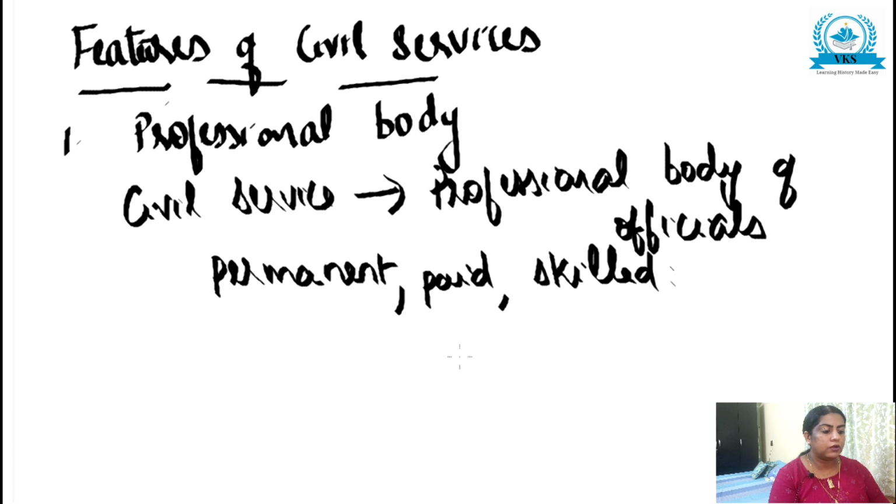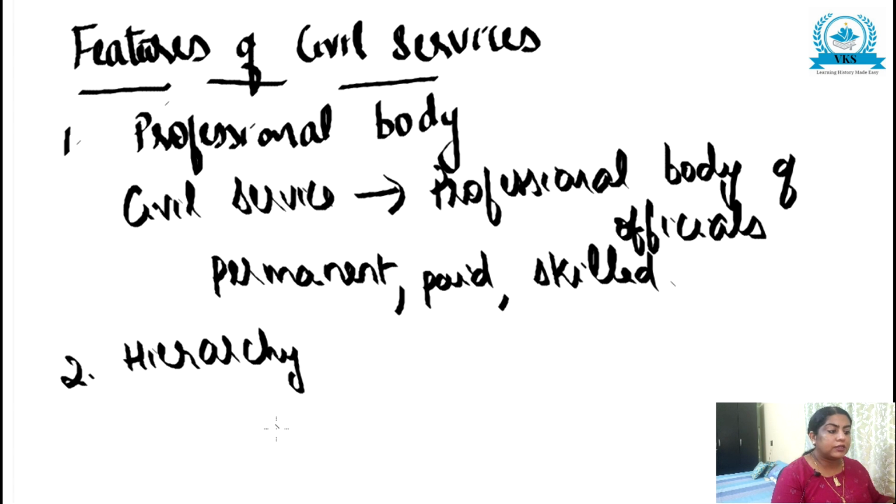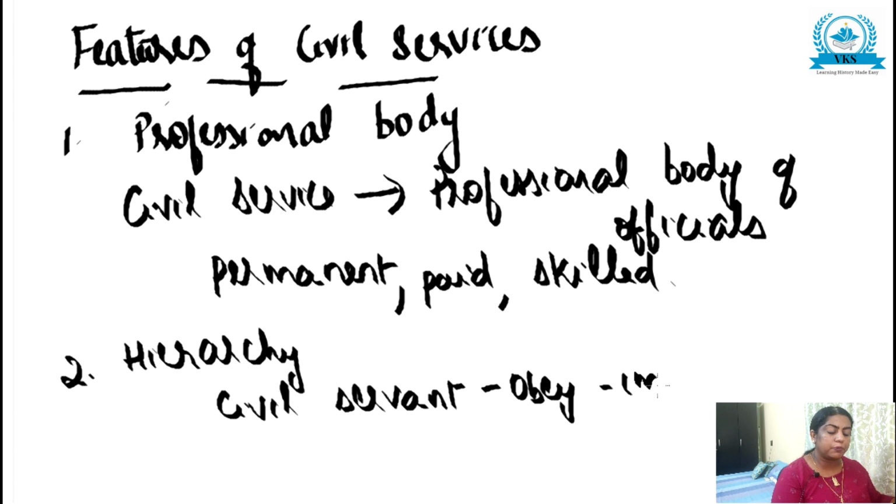The second feature of civil service is hierarchy. As per the scalar system, each civil servant has to obey his immediate superior. So there is always a hierarchy of power, where a high-ranking administrative officer with discretionary power supervises their subordinates.